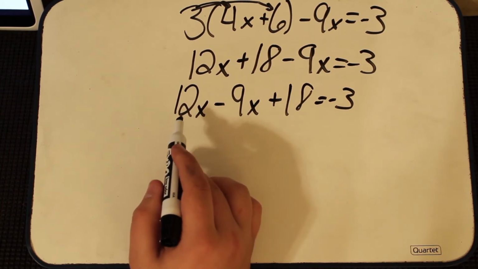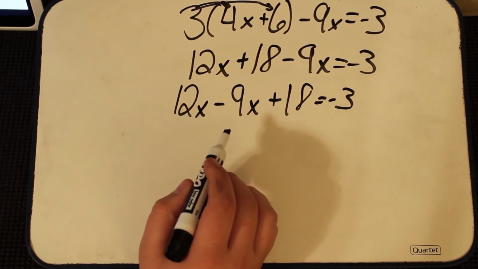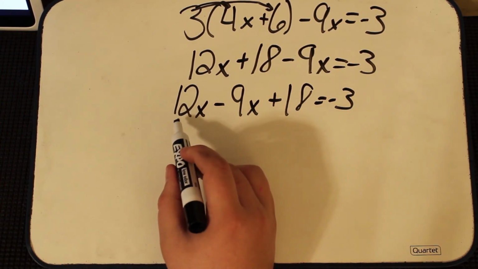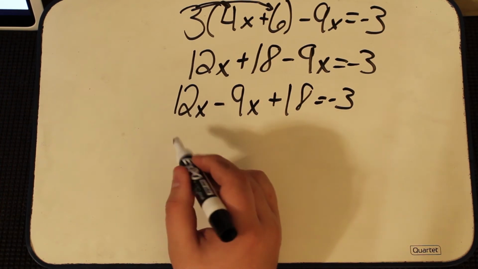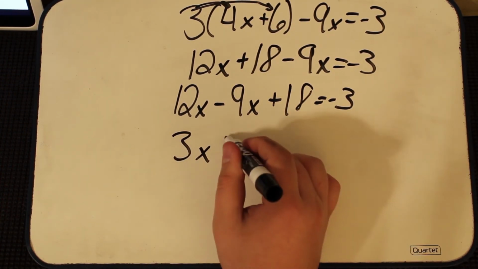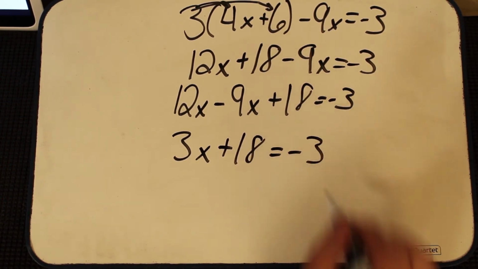Now I can see a lot easier that we can subtract 12x and 9x. When I do this, 12 minus 9 gets us 3, and then we keep our variable and leave the rest as it were.